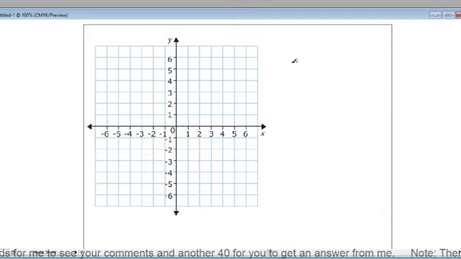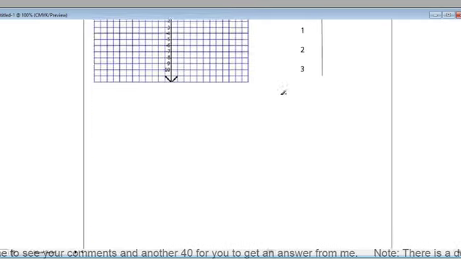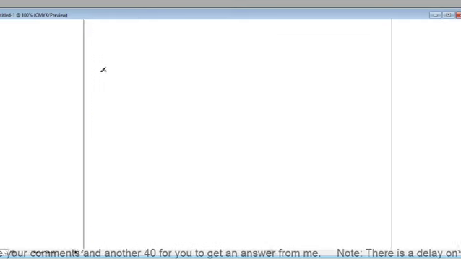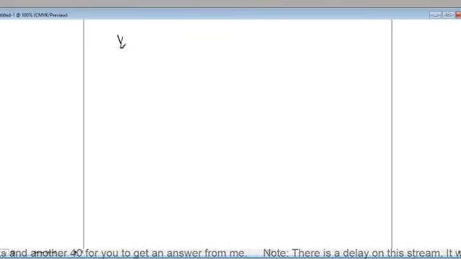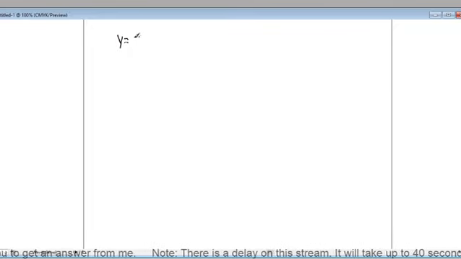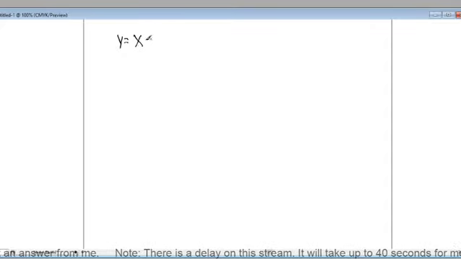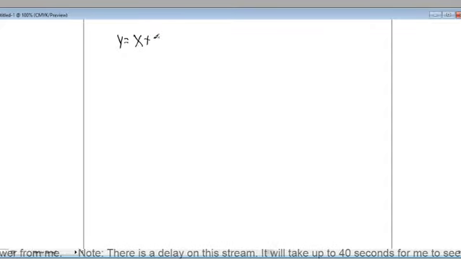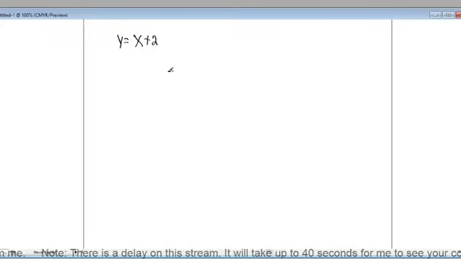If I have something like y equals x plus 2, this is what we call a linear equation in two variables.